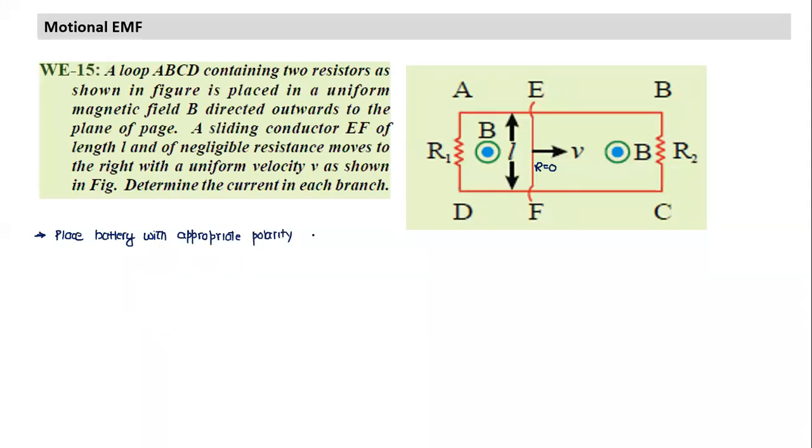In the conductor which is in motion, where the EMF is generated. Okay, so I can redraw the circuit here. This is pretty simple, so let's redraw.